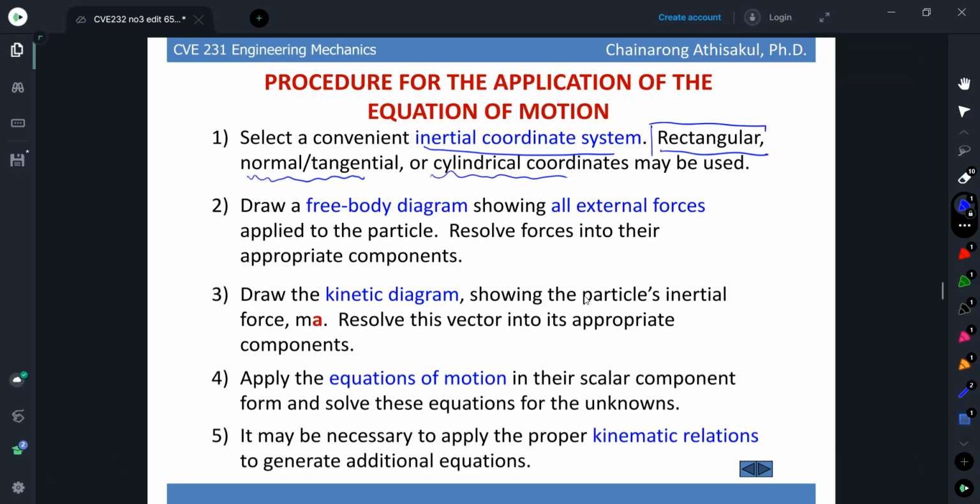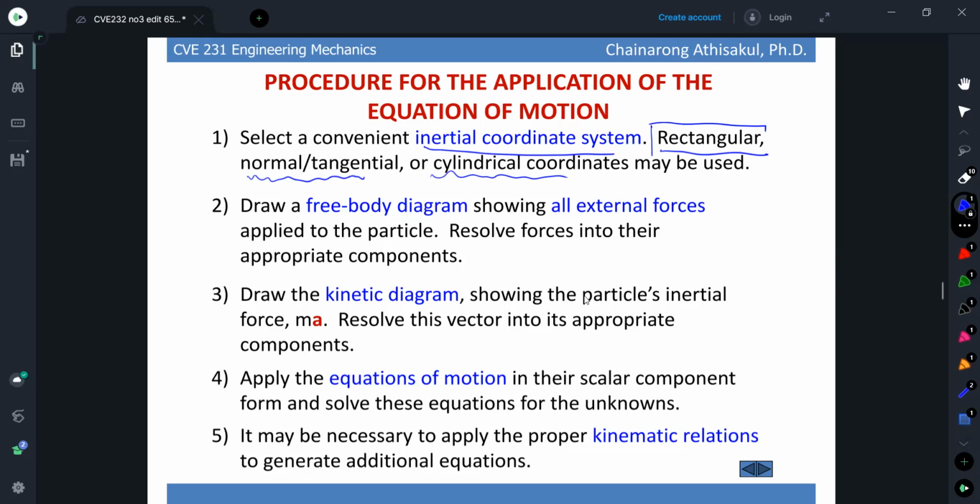After that, we have to draw the free body diagram of all external forces. This is very important. Then draw the kinetic diagram to show the particle's inertial force, m a. After that, we resolve these vectors into their appropriate components, depending on the coordinate system we select: rectangular, normal and tangential, or cylindrical.